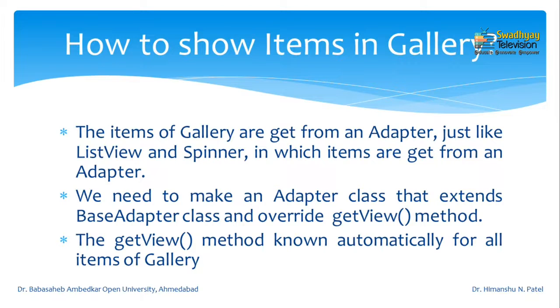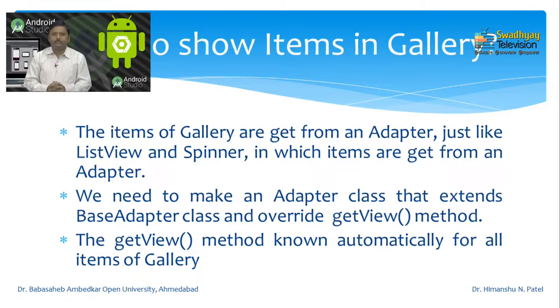Now, this getView method actually defines what to do inside gallery view, and this getView method is called automatically for all items in gallery. How to do this we will see later on, but you can fetch items inside gallery view using an adapter, and for that we use base adapter.